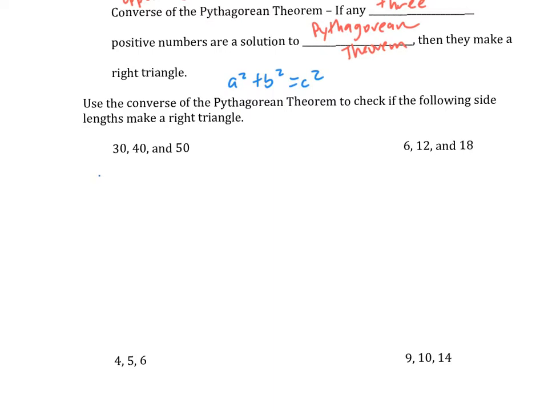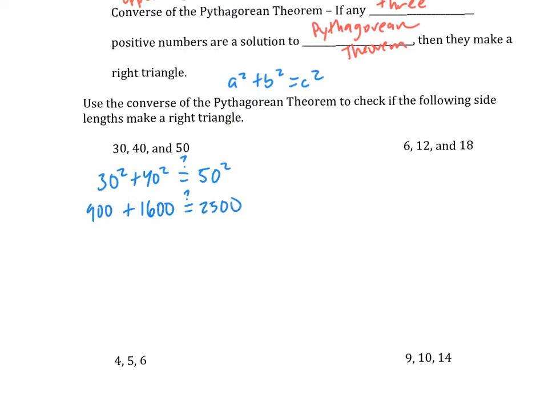So let's plug these in. We'll take our two smaller ones, 30 squared plus 40 squared, and we're going to see, does that equal 50 squared? We'll put a little question mark above the equal sign. Well, 30 squared is 900, plus 40 squared, which is 1600, and 50 squared is 2500.